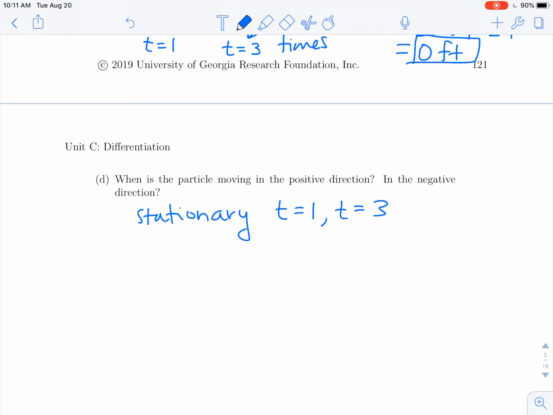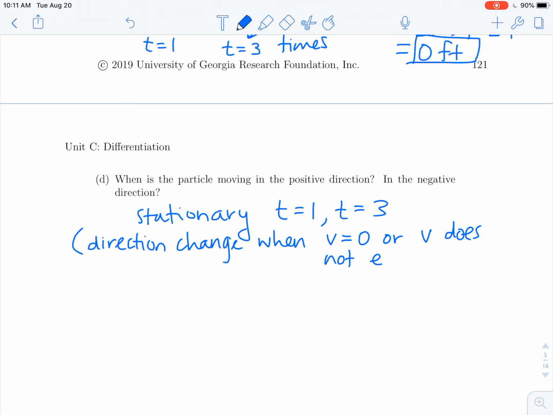Generally speaking, a particle can only change direction when the velocity is equal to 0 or when the velocity does not exist. But at least for the times we care about, our velocity exists, and so we don't have to worry about any direction changes where the velocity doesn't exist. So we only need to focus on when the particle is stationary.